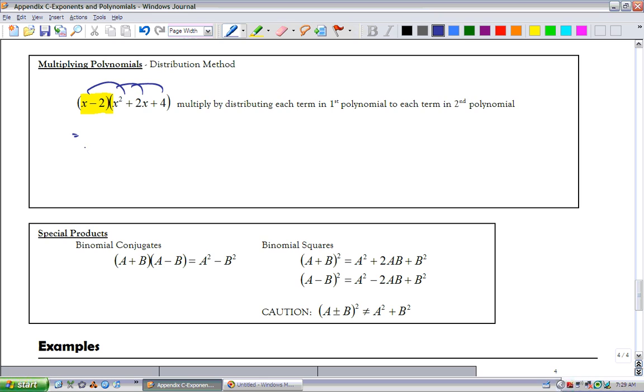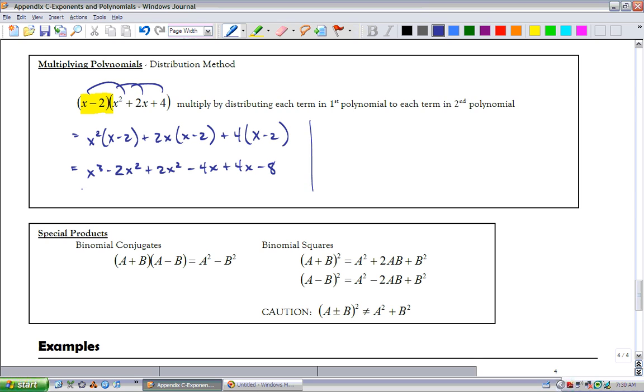So what we end up with is x squared times x minus 2 plus 2x times x minus 2 plus 4 times x minus 2. And you end up with x cubed minus 2x squared plus 2x squared minus 4x plus 4x minus 8.